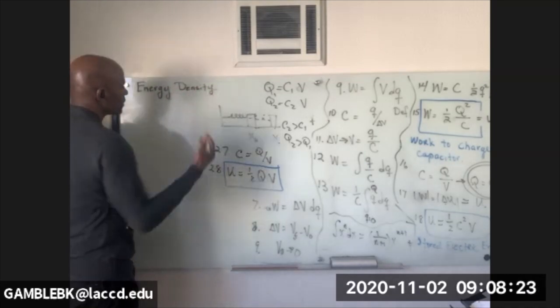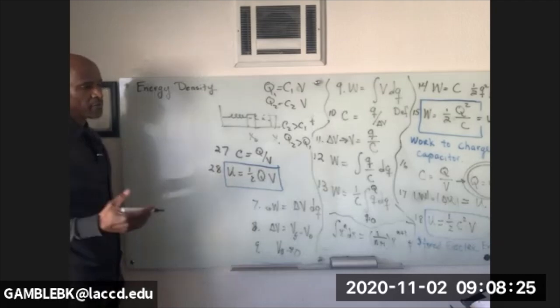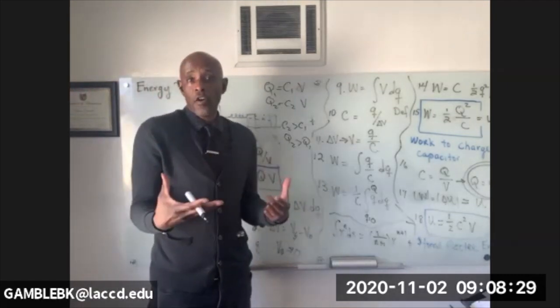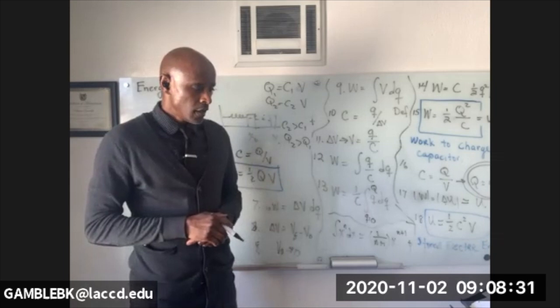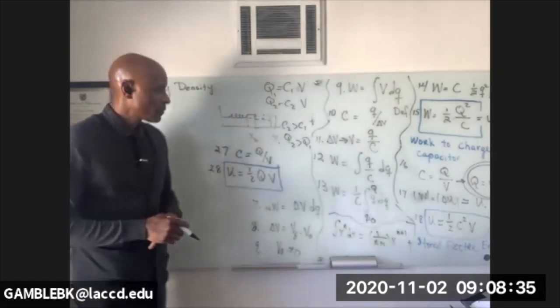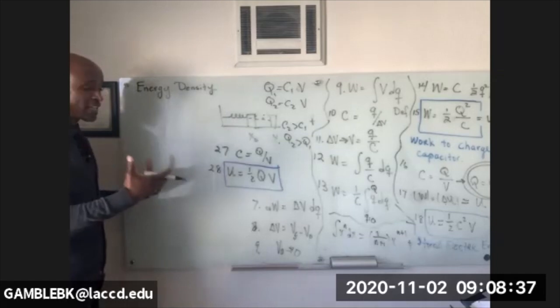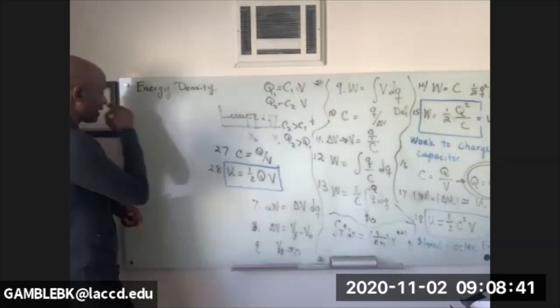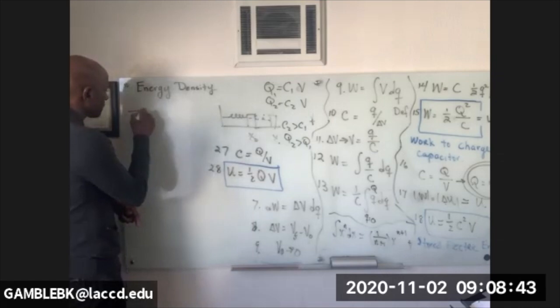And why a density? Well, you remember from mass density, it's mass per unit volume, because mass is contained in a volume. In the capacitor plates, the space between the plates is also a volume, if it has spacing D. That's a side view, remember.